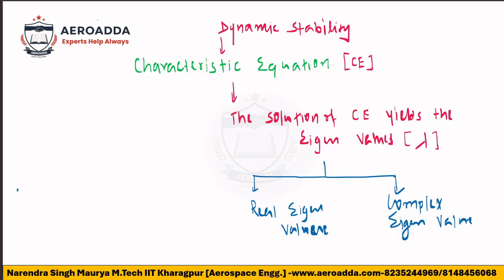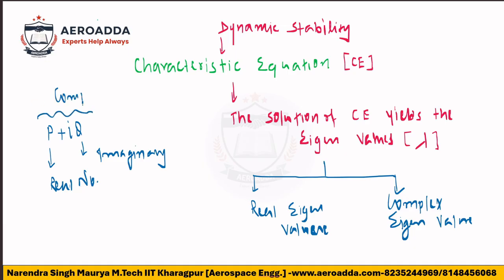Remember, if we are talking about real and complex eigenvalues, in general we write p plus iq. P is nothing but the real number here, and q, you know very well, is the imaginary part in a complex number.